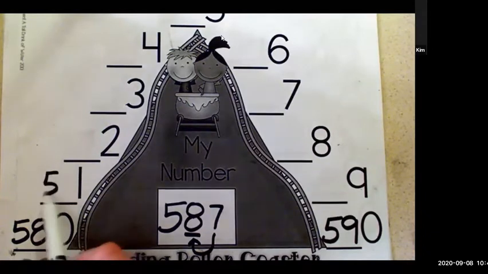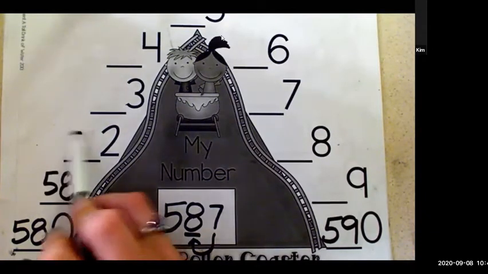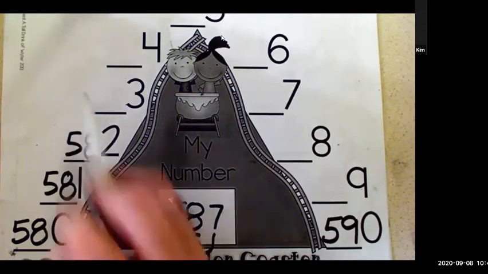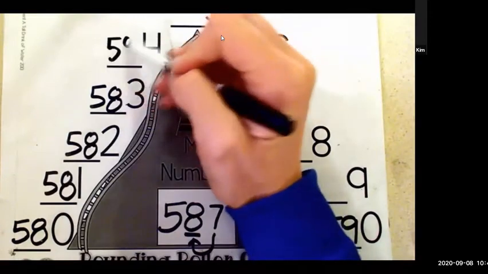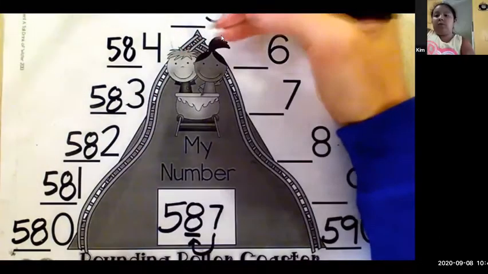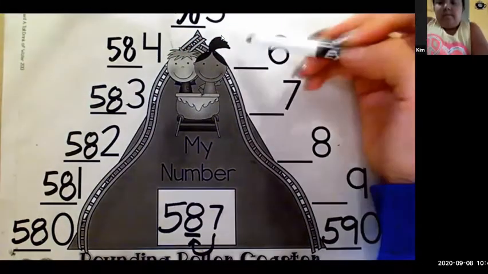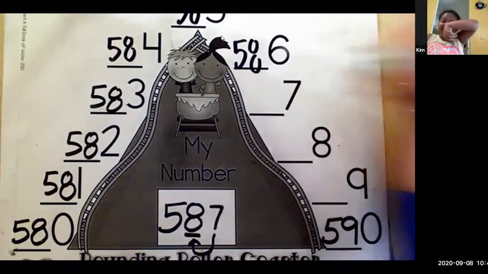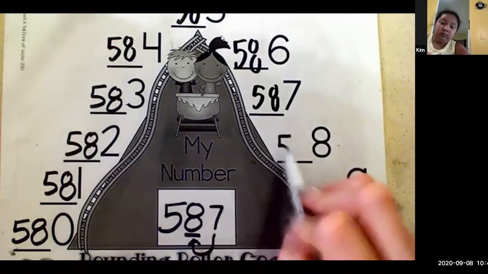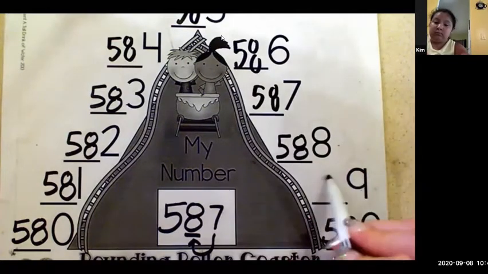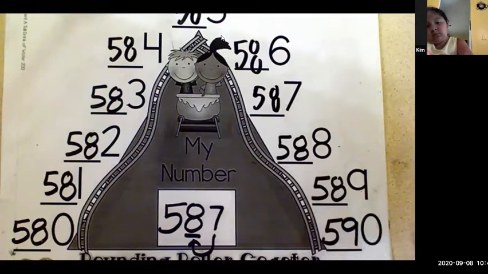580, 581, 582, 583, 584, 585, 586, 587, 588, 589, and 590.